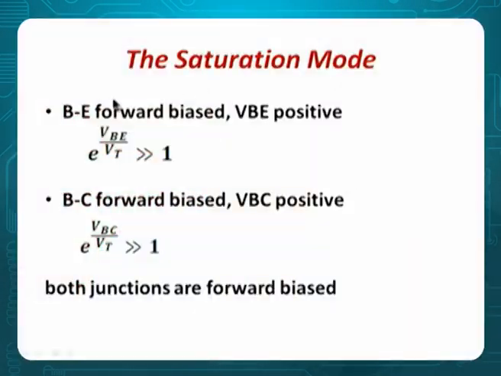Then the fourth mode, saturation mode. As you know, input should be forward, output also should be forward. That means both exponentials are far greater than 1. E power VBE by VT far greater than 1, e power VBC by VT also far greater than 1. So it is not that the exponential is neglected, but the 1 is neglected along with the exponential.